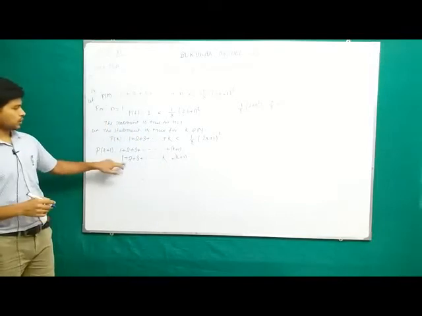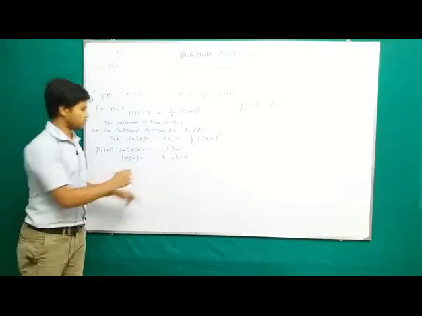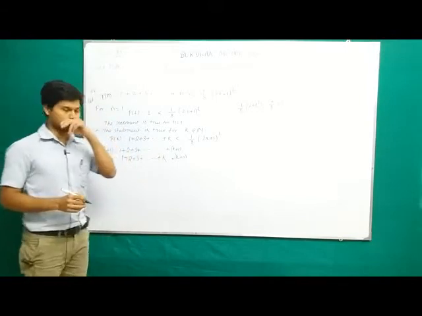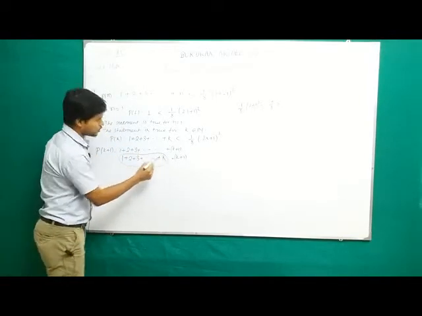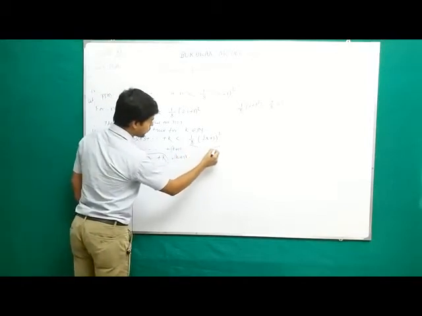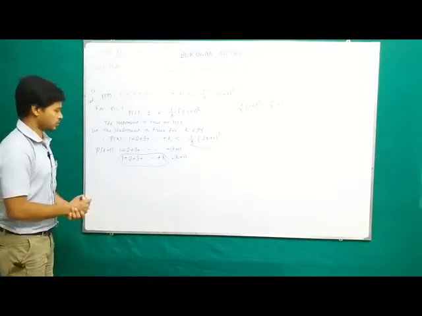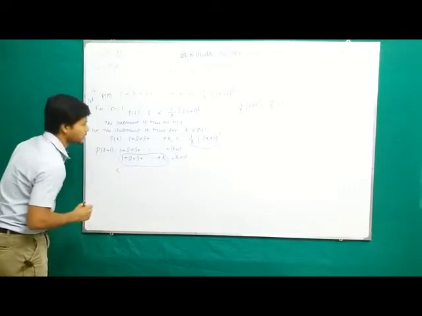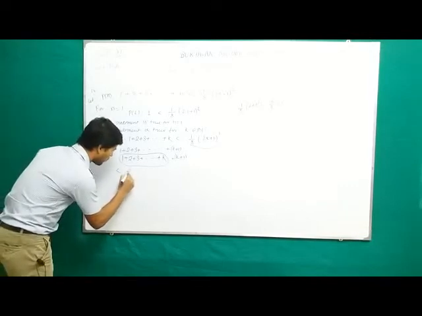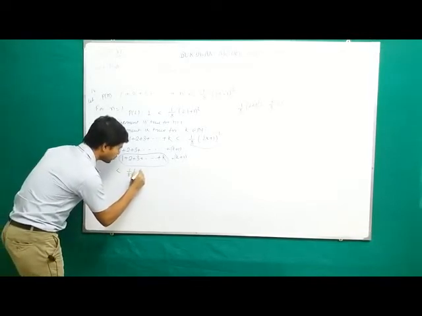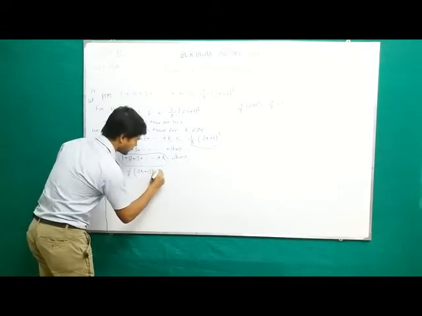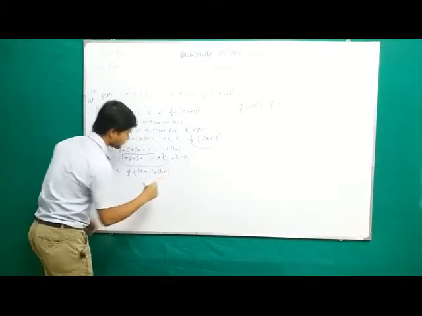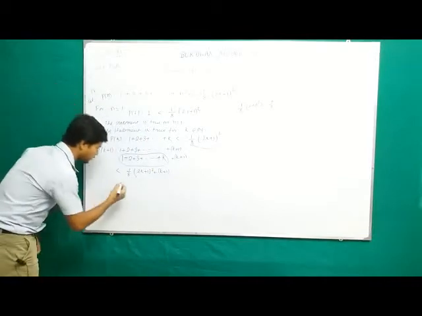So 1 plus 2 plus 3 plus dot dot dot plus k plus 1. Now look at this portion. This portion is less than 1 by 8 into (2k plus 1) whole square. So we can write which is less than 1 by 8 into (2k plus 1) whole square plus k plus 1.